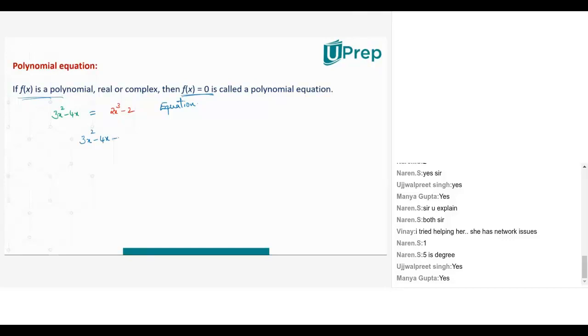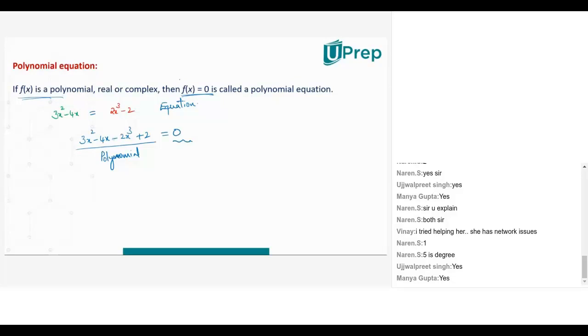This type of an equation where the left hand side is a polynomial and the right hand side is 0. Just in order to bring uniformity in the representation, while defining tomorrow the root, day after tomorrow the sum of the roots, then the next class the product of the roots, nature of the roots.